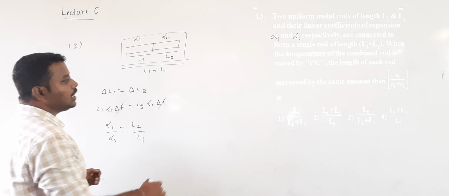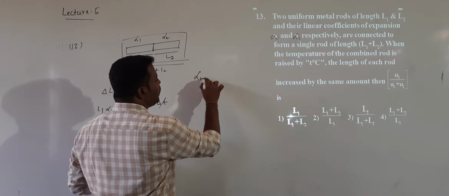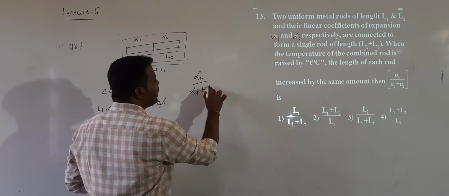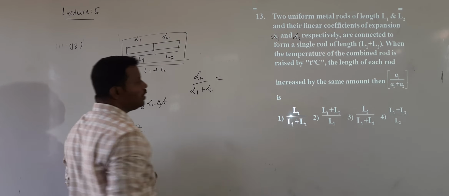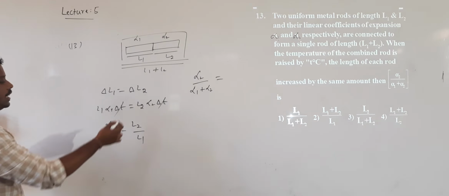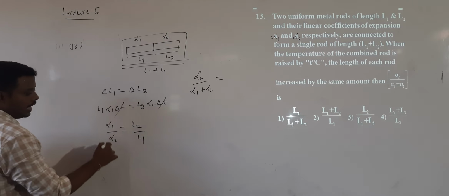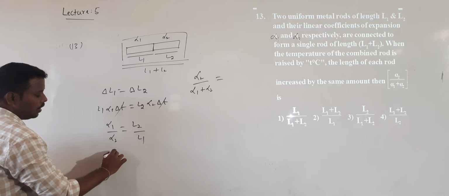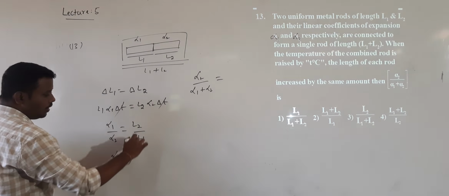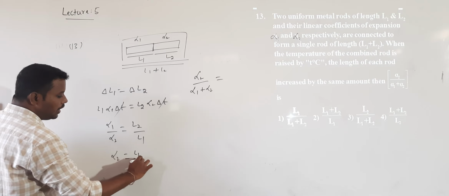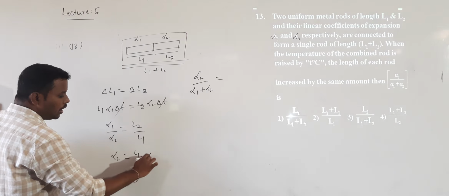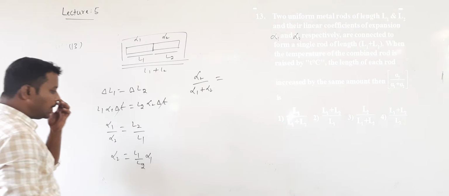They are asking us to calculate alpha 2 by alpha 1 plus alpha 2. So what is the value of alpha 2? Alpha 2 is equal to L1 by L2 into alpha 1. Substitute here, what will I get?